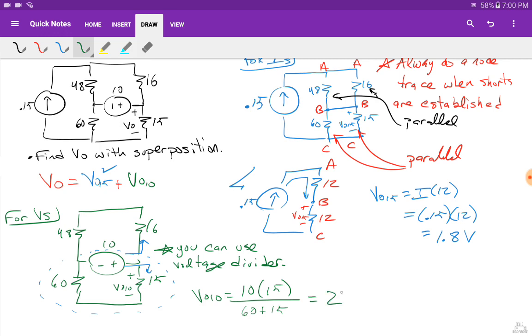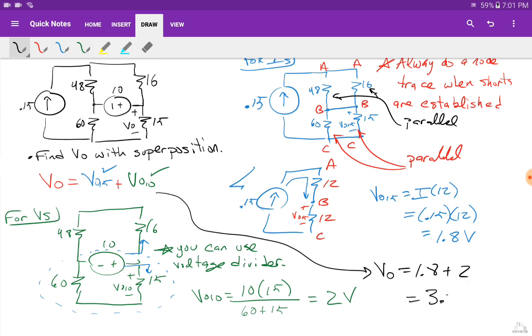So 2 volts is the contribution from the voltage source. So with that being said, I have the two pieces of my output. V out is just going to be the 5 piece, which is 1.8, plus the piece right here, which is 2. The answer is 3.8 volts.